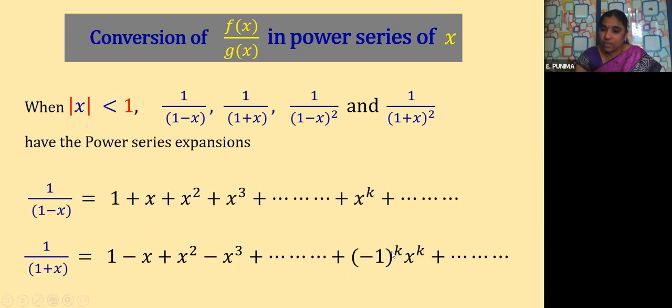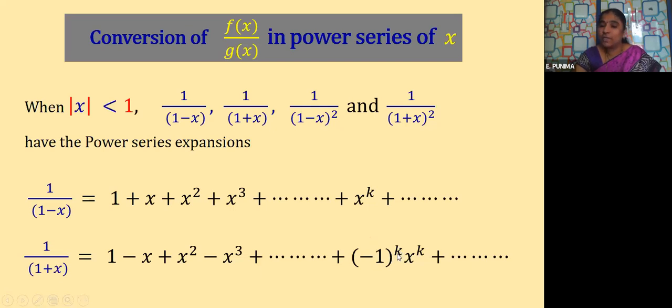Why am I using minus 1 to the power of k here? Because you are getting alternately plus and minus signs. First term is positive, second is negative, positive, negative, so on. So we don't know whether a term is positive or negative until we know the term number. That's why we are using minus 1 to the power of k.